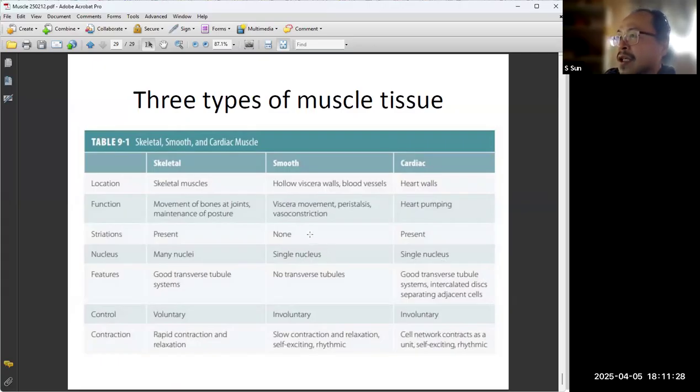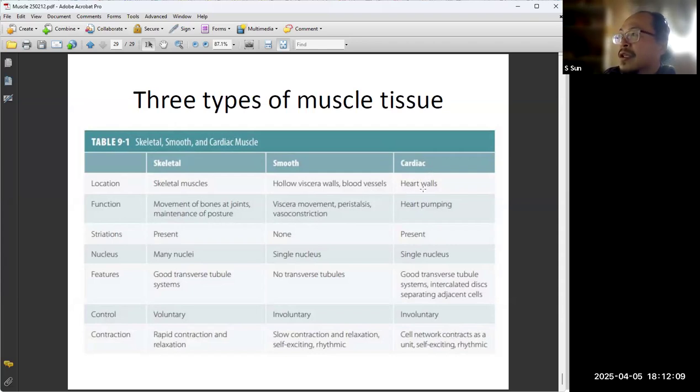There is no striation, and they are the muscle of the visceral organs like the stomach, and their contraction is called peristalsis. Basically, they squeeze in order to push the fluid or the food moving forward. So smooth muscle is present in the visceral wall, the stomach wall for example, the vessels, and the digestive tracts. All of those are smooth muscles.